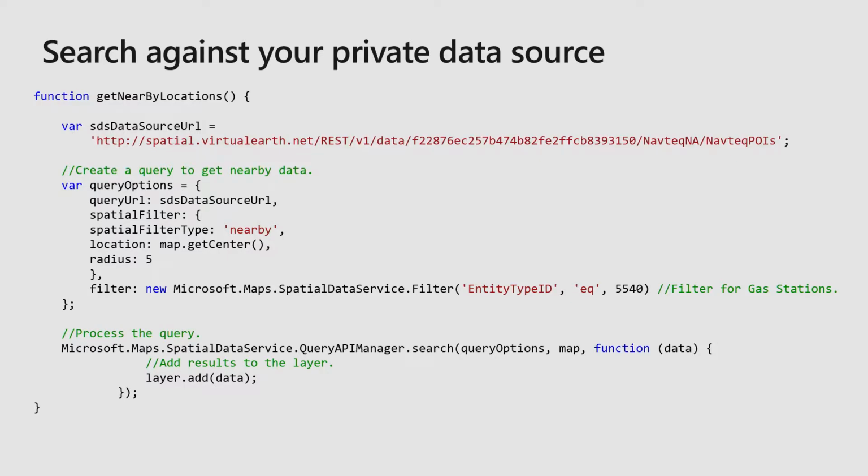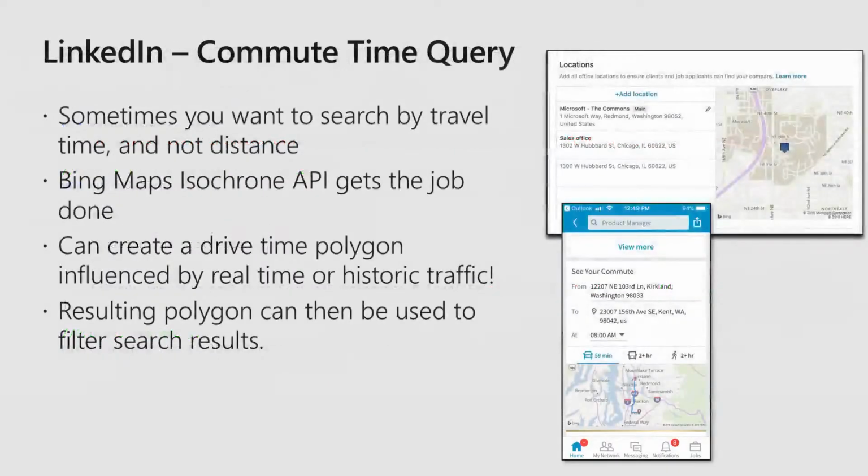So if I have a route going from Seattle to Portland, and I want to find all of my locations that are within a 1 mile buffer around that, imagine a sausage shape around that route, and now being able to limit your search results to what's within that shape. The same API would support you with that query scenario.